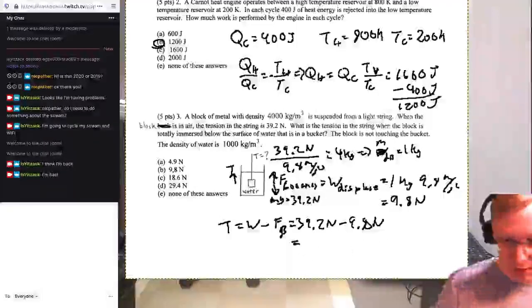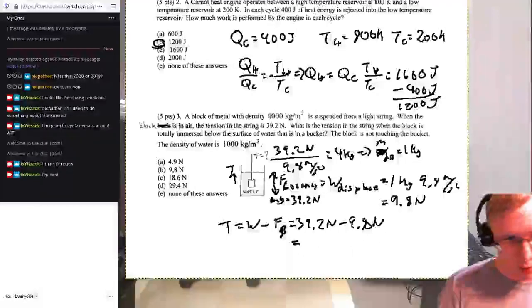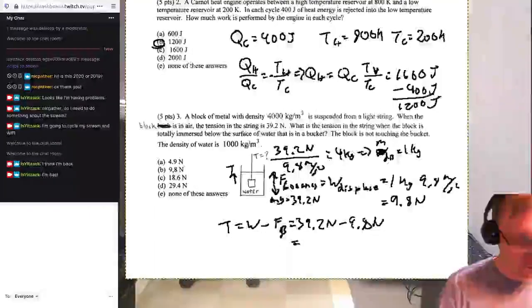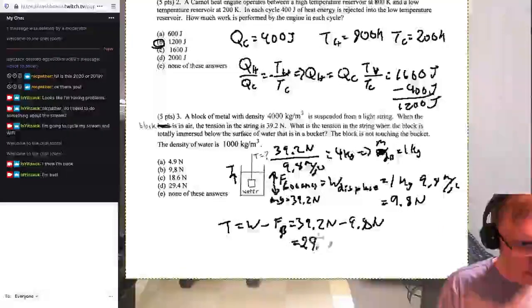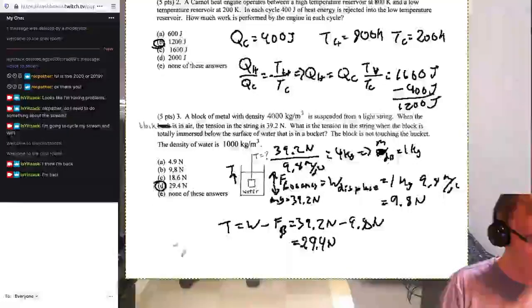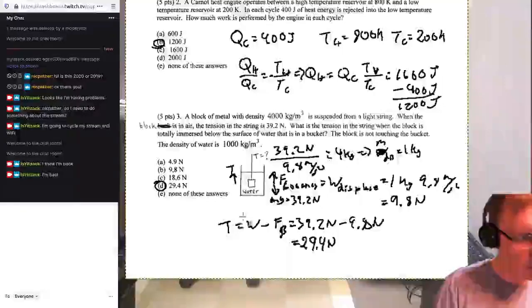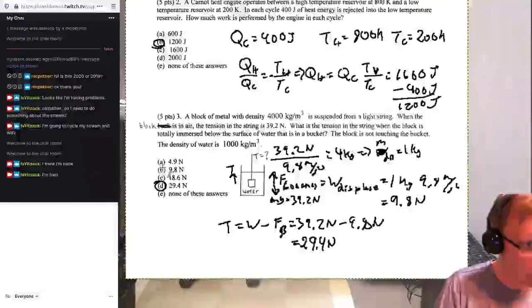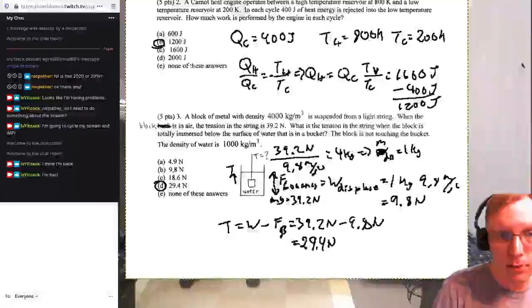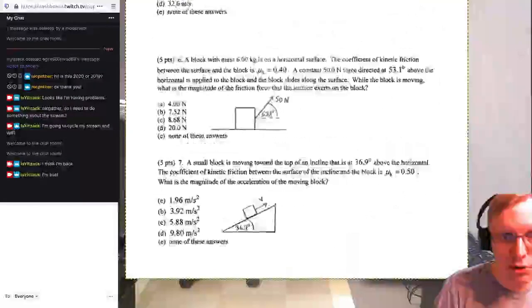And that works out to be 39.2 minus 9.8, 29.4 newtons. There we go. 9.8 is the buoyancy force. All right, next page.